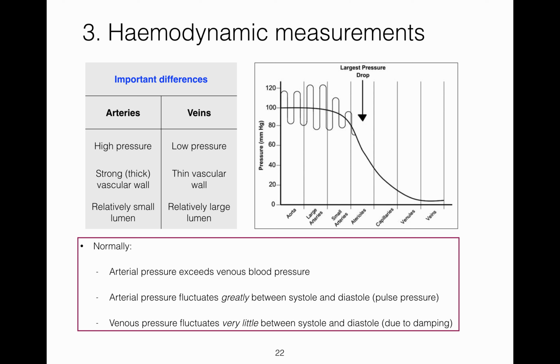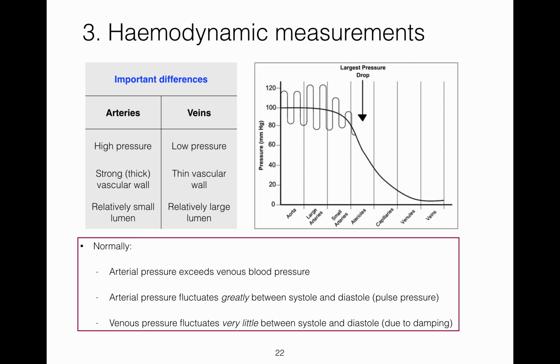Normally, arterial blood pressure exceeds venous blood pressure. For example, the systolic pressure in the aorta is normally around 120 millimeters of mercury, whereas pressure in the vena cava is almost zero.